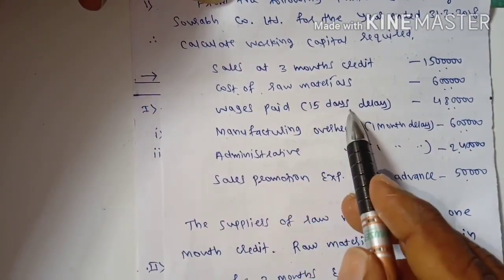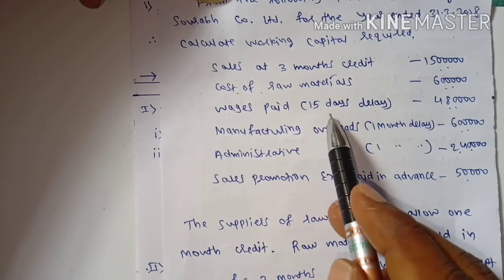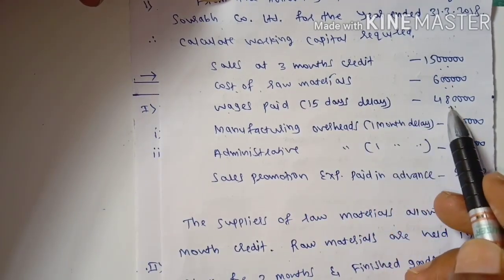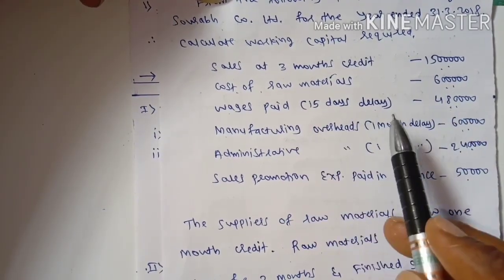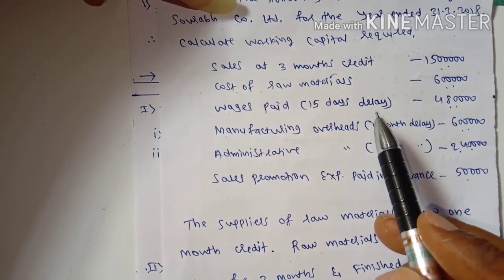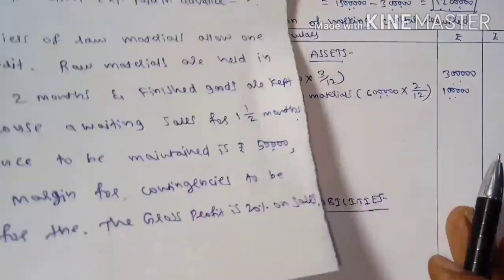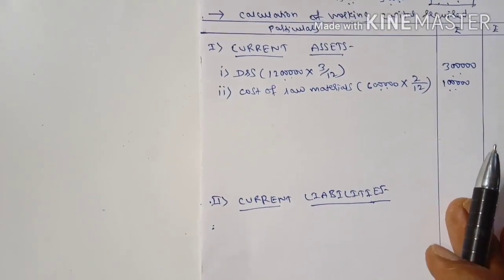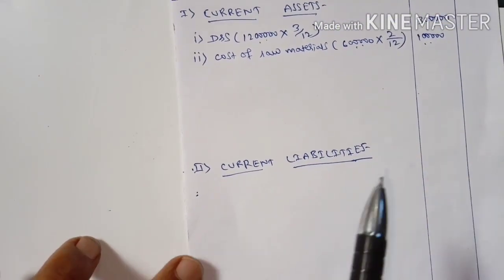Next, wages paid 15 days delay. Wages are outstanding for 15 days, 4,80,000. When any expense is outstanding, it becomes a current liability. Okay, so that's why I will record it over in current liabilities.